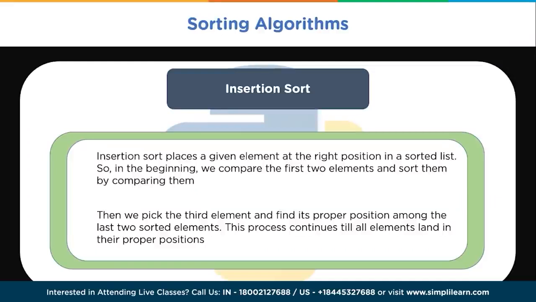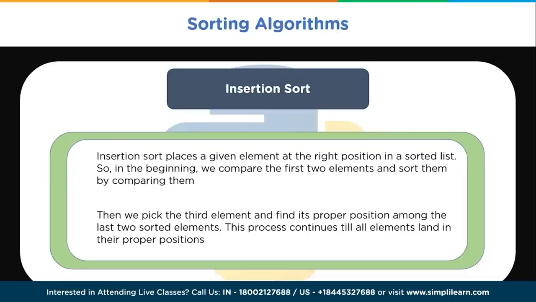Now let's take an example of insertion sort. What is insertion sort? Insertion sort places a given element at the right position in a sorted list. In the beginning, we compare the first two elements and sort them.